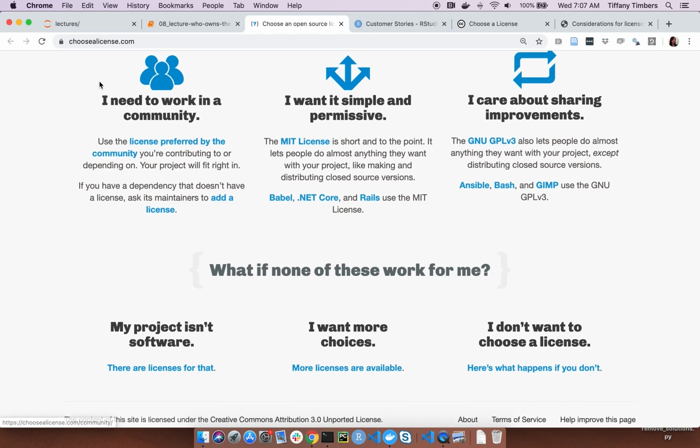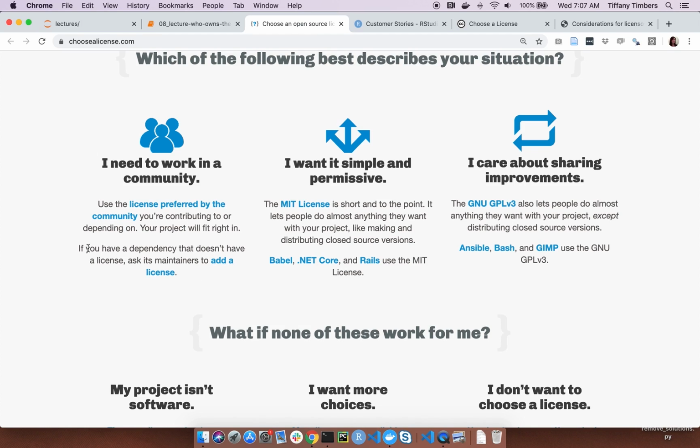So the first situation they talk about is when you are joining a pre-existing community that you want to work in. So perhaps, for example, you've got hired by Red Hat, which is a company that makes a Linux distribution. In this case, you probably at work will be expected to use the license that is already being used by that community.